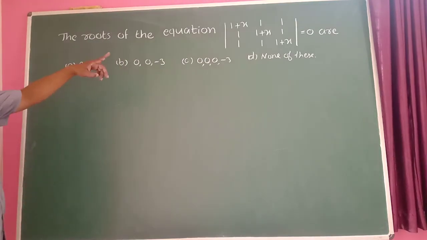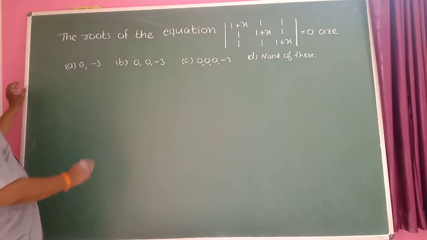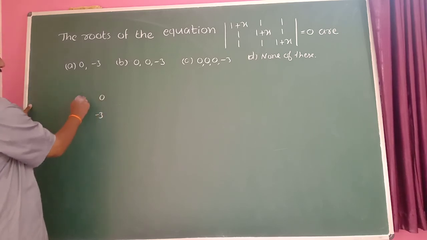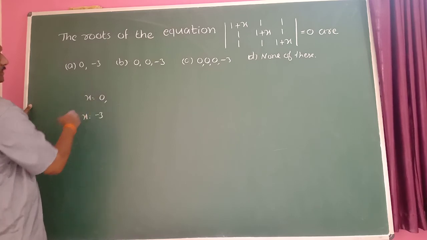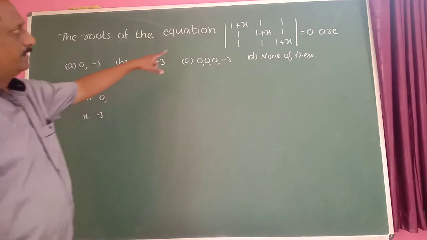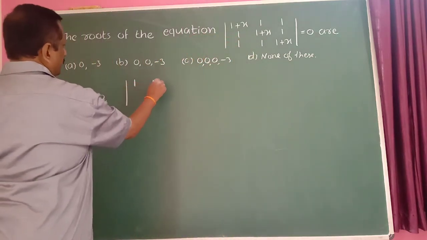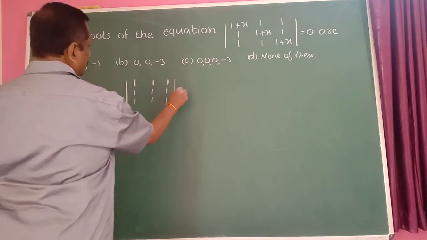Here, root of the equation here means values of x here. So, if you observe the options here, the values are 0 and minus 3 here. So, x equal to 0 and x equal to minus 3. Obviously, if x is 0 here, if you substitute x equal to 0, then 1 and 1 here. All the elements are 0, 1 here.